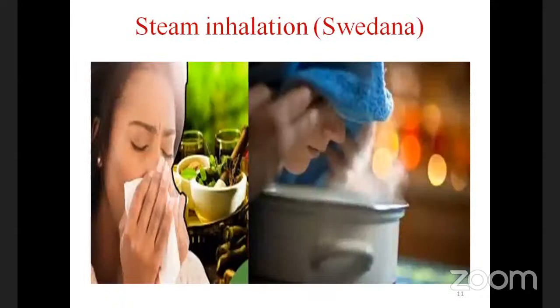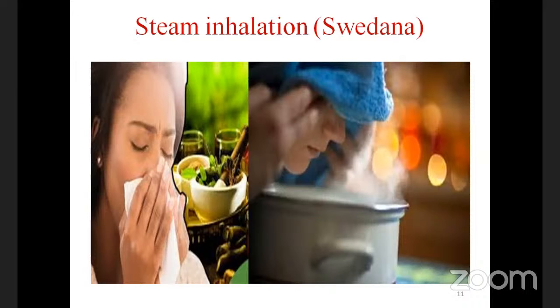So the next point is steam inhalation. Steam inhalation is usually helpful to give the proper condition of the upper respiratory tract. If any blockage is there, or any bronchoconstriction or nasal congestion, steam inhalation will be very helpful.